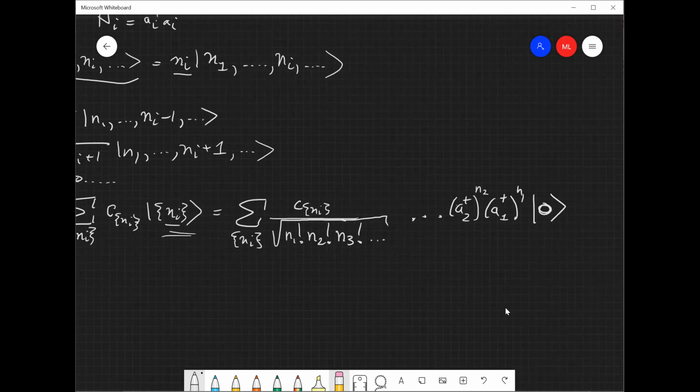So any state of interest for our multi-particle system can be written as a linear combination of different occupation number states, and each of those I can write as the vacuum being acted on by creation operators that put the right numbers of particles in each of the single particle states.